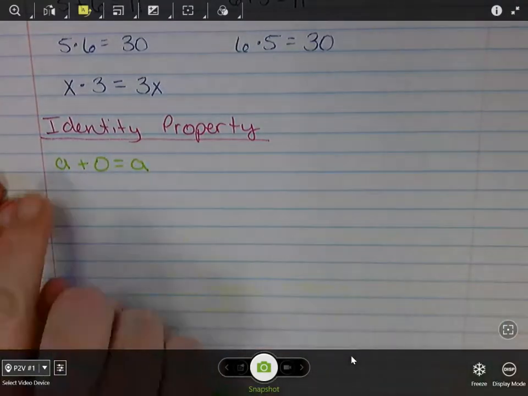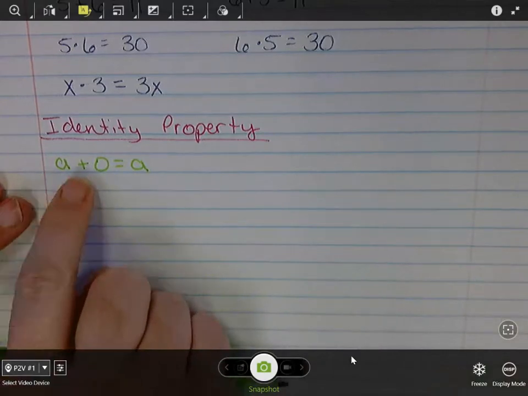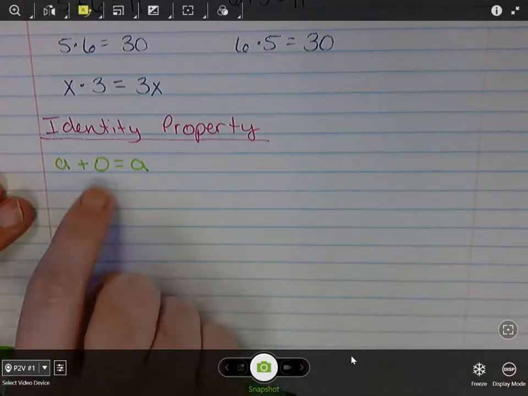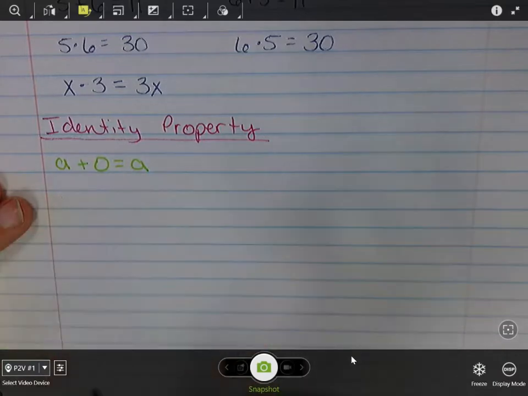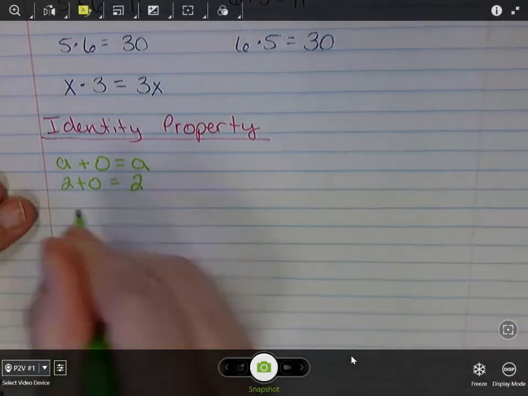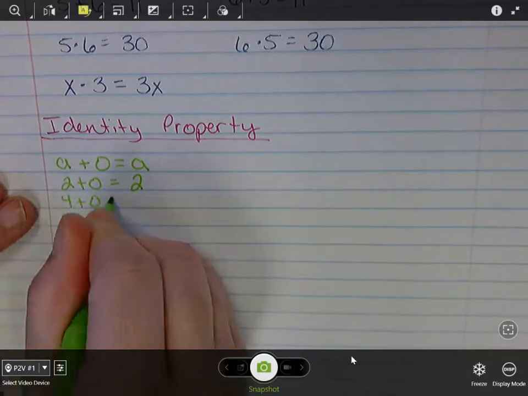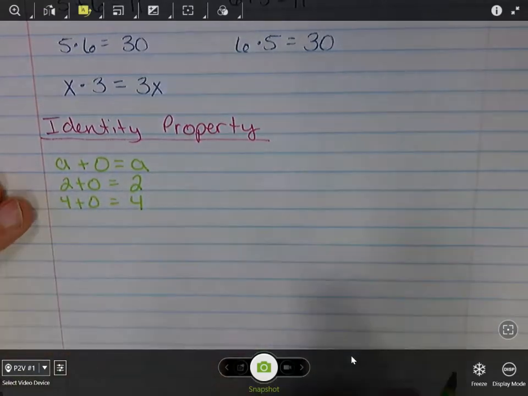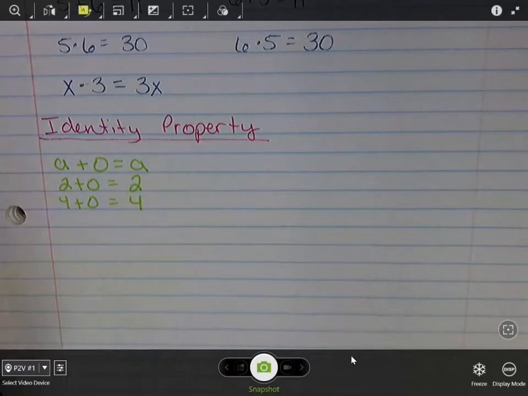So if you ever have an expression that says a plus 0, x plus 0, y plus 0, it's just that. And as you can see, 2 plus 0 is 2. 4 plus 0 is 4. Okay, that's the identity in addition. So anything plus 0 is itself.